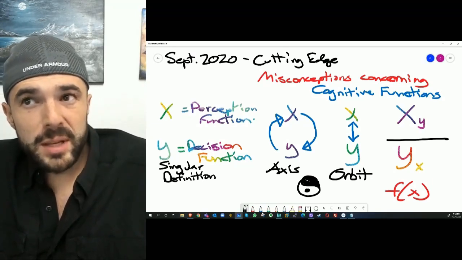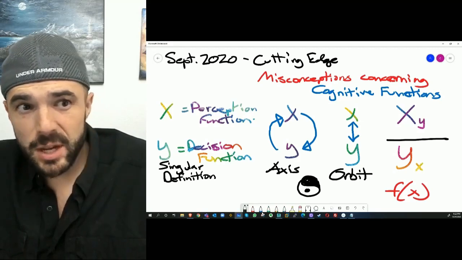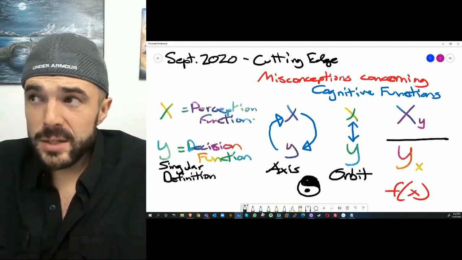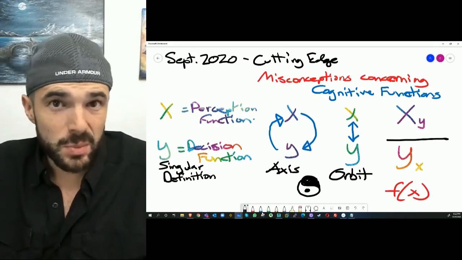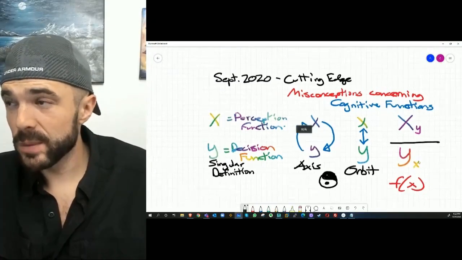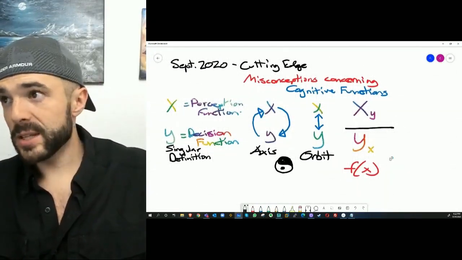I really don't, because I think there's something being lost in translation when people are considering cognitive functions. It's because they don't understand combining or combinations. There's also cognitive downshifting, which is a fifth interpretation of the cognitive functions, which we will also look at.